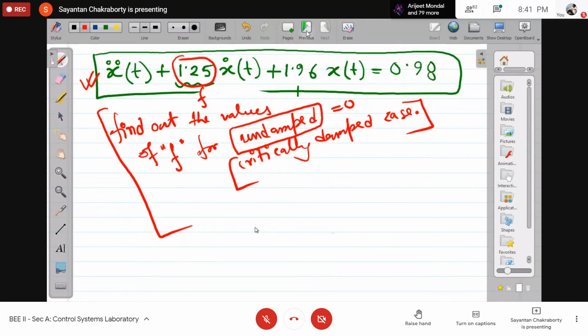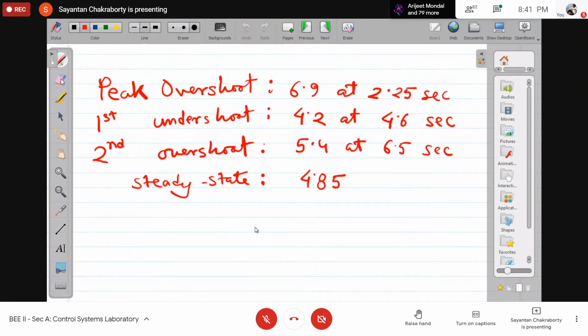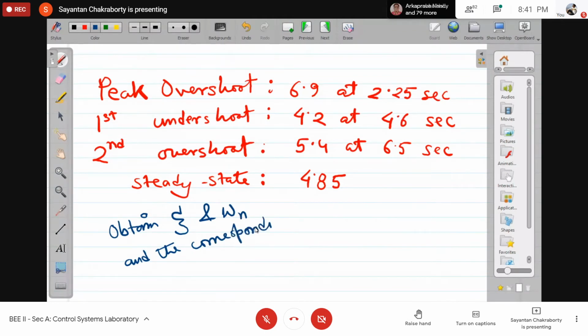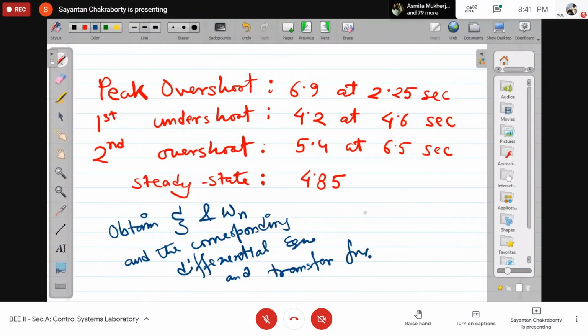Another assignment will be this one. Given this, obtain zeta and omega n and the corresponding differential equation, because, in the case of the transfer function, x(0) equal to 0 and x dot(0) is also equal to 0.